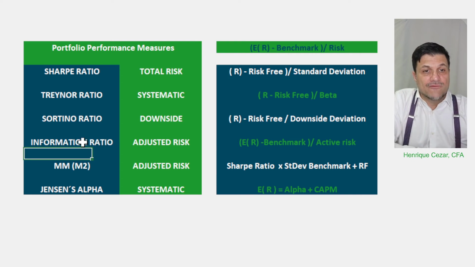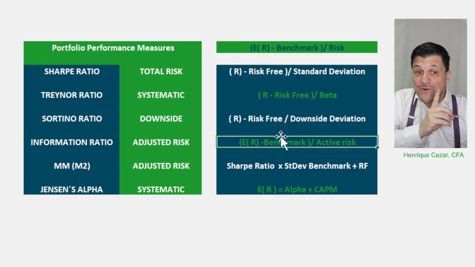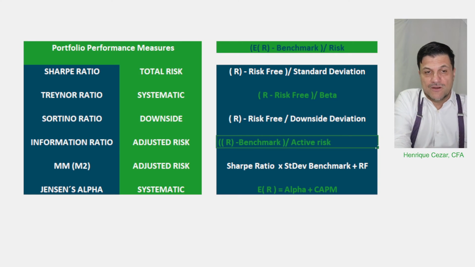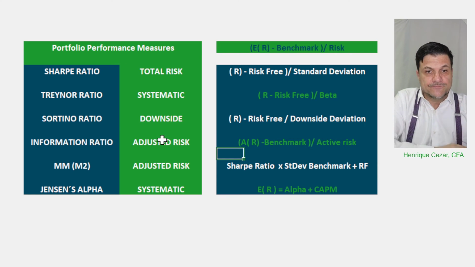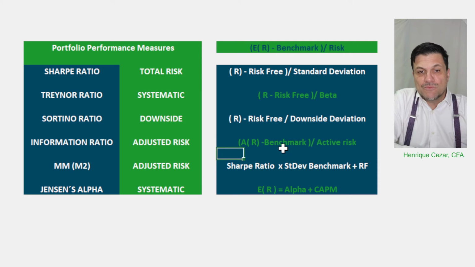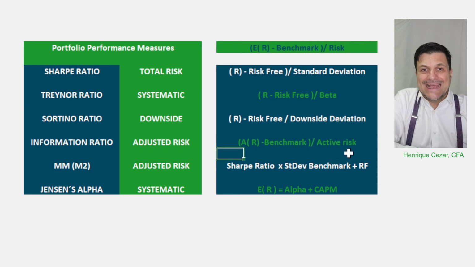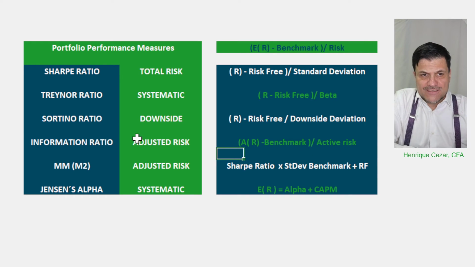Finally, the information ratio. Again, same idea, but instead of the risk-free rate, we use a benchmark. So I'm going to put here the active return, the return minus the benchmark, divided by the active risk, right? Very important information ratio for you to remember for the exam.